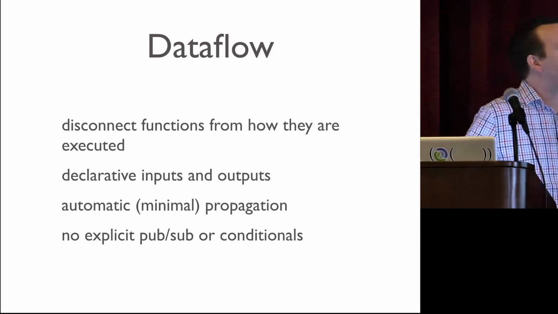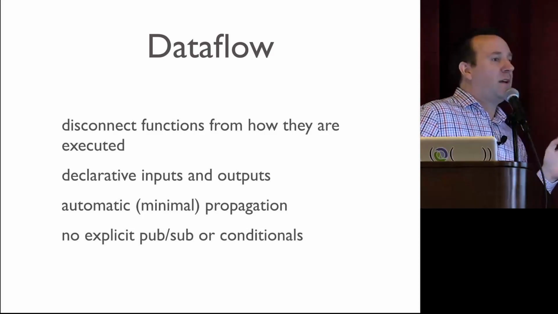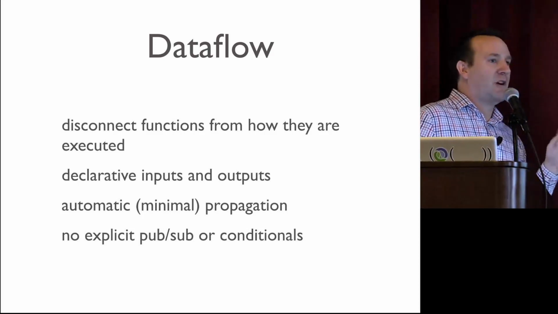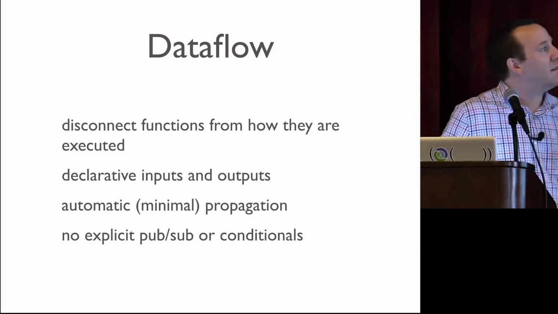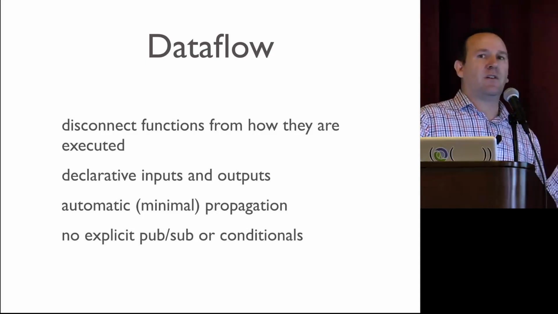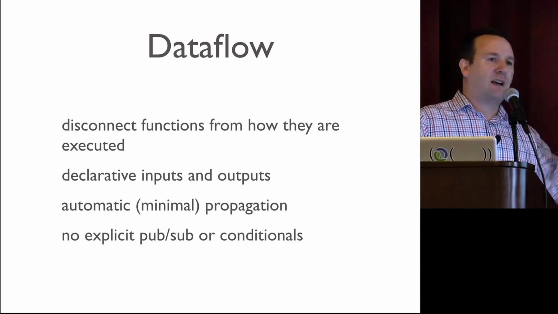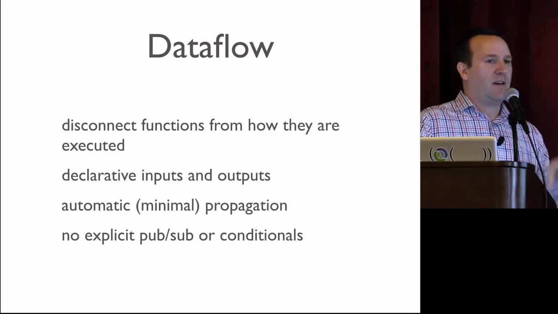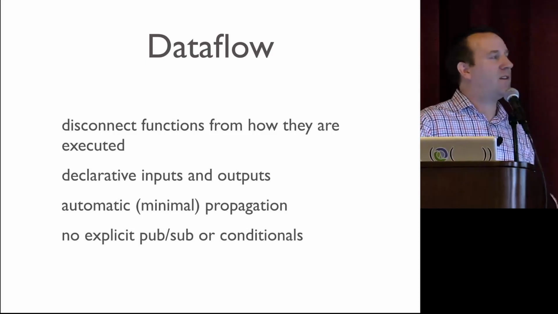So this allows us to automatically propagate changes through our data model. This is all based on the data model, so we're not actually tying together function inputs and outputs. We change the data model, we call a function, that updates the data model, and then another function may be called if it's watching the output of the previous function.